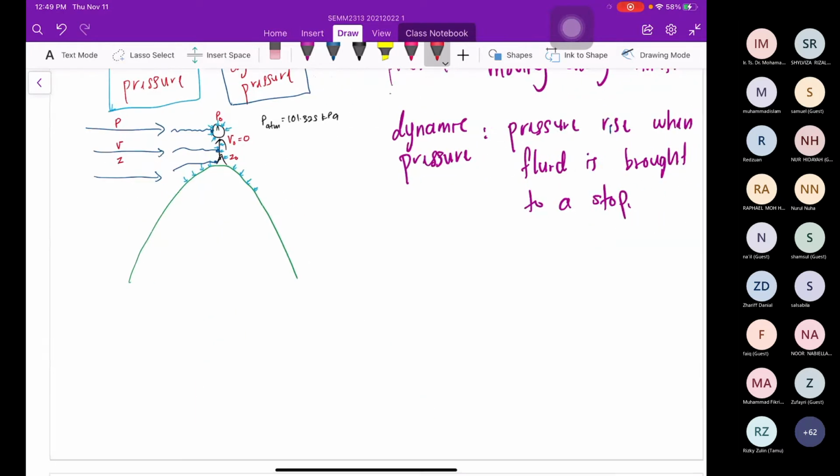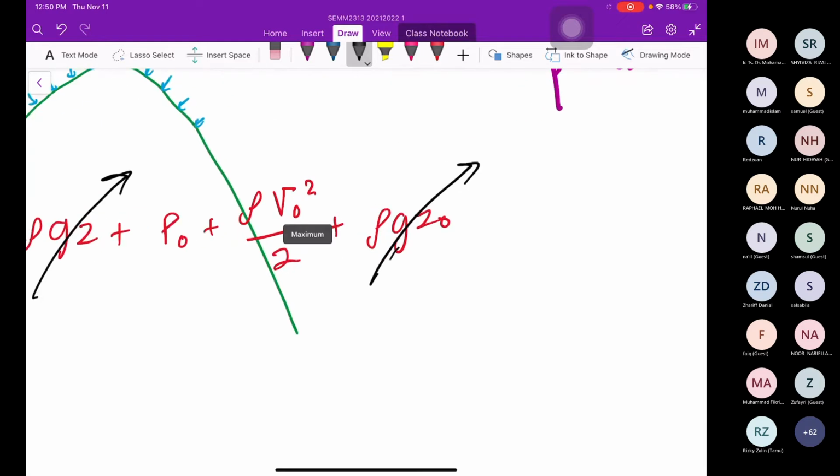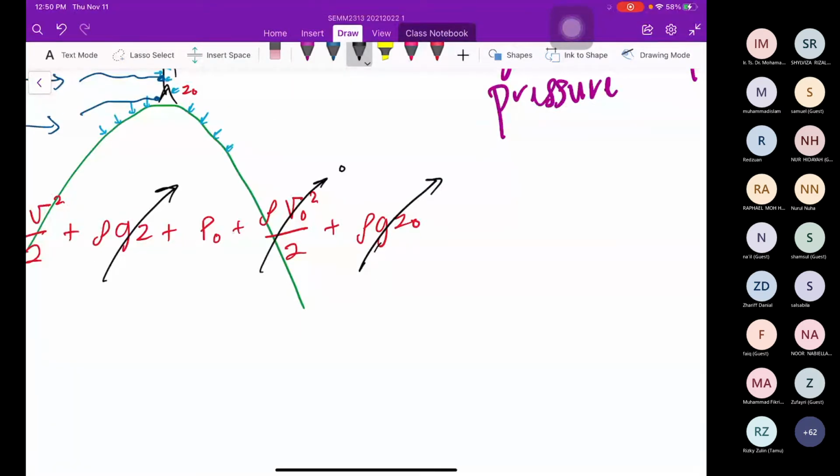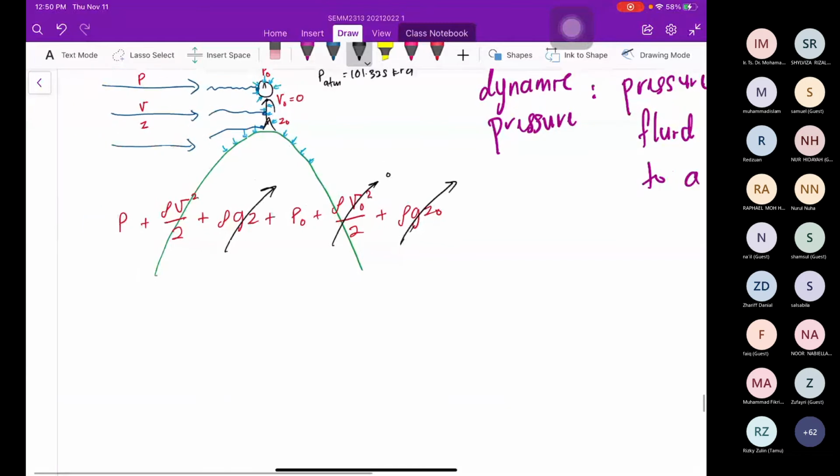We can apply Bernoulli: P plus rho V squared over 2 plus rho G Z equals P naught plus rho V naught squared over 2 plus rho G Z naught. We can cancel out the same elevation terms. The velocity at the stagnation point, we can cancel out, because it is 0.